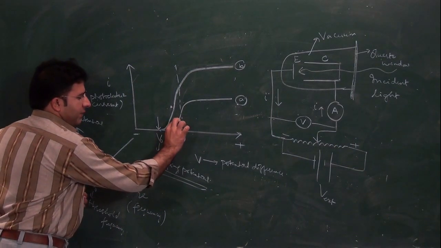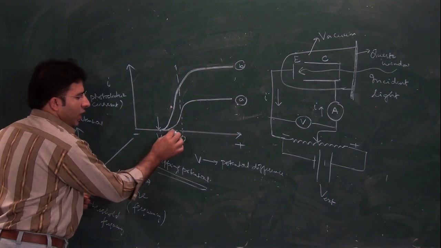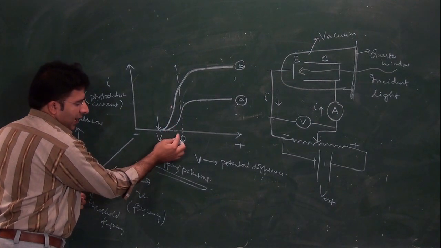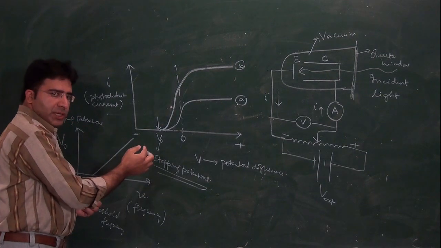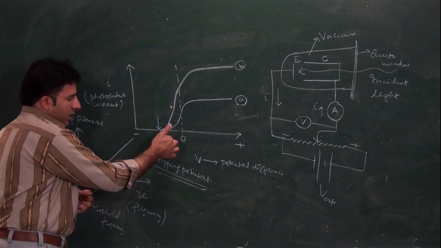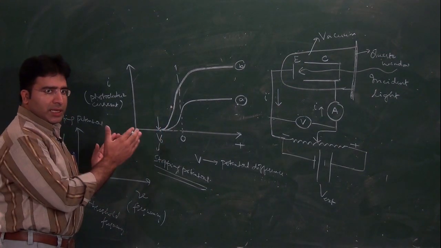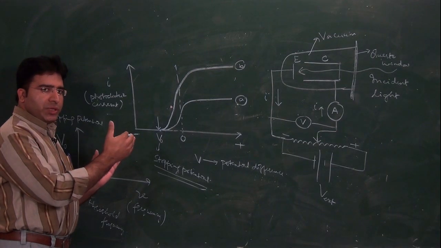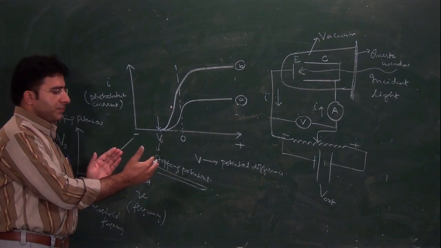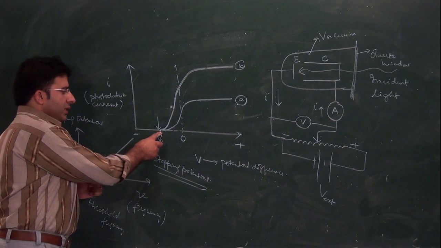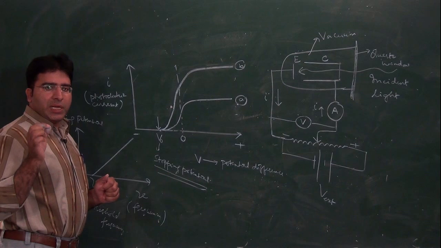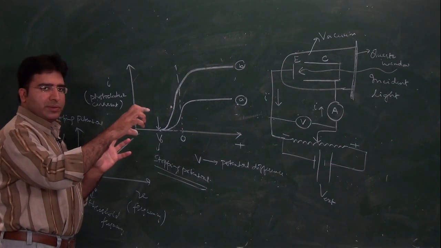Therefore, in this graph, as we move towards stopping potential, that means to the left of this plot on the negative side of the potential difference, the kinetic energy of the electrons contributing to the current increases. At stopping potential, we have the most energetic electrons in the lot.